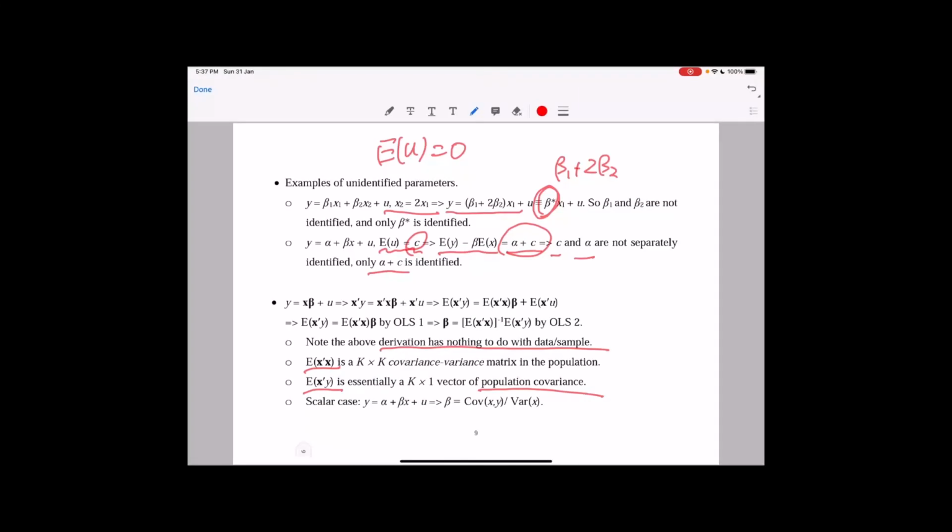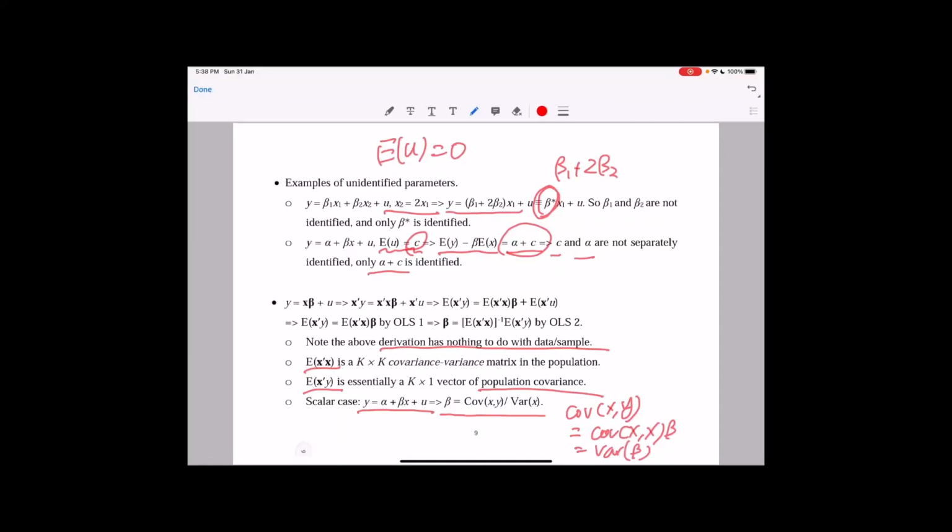In fact, in the scalar case, if there's just one dimension, we know that beta equals covariance xy over variance x. Because if you multiply by x, covariance xy equals covariance of x with beta x, which is variance x times beta.